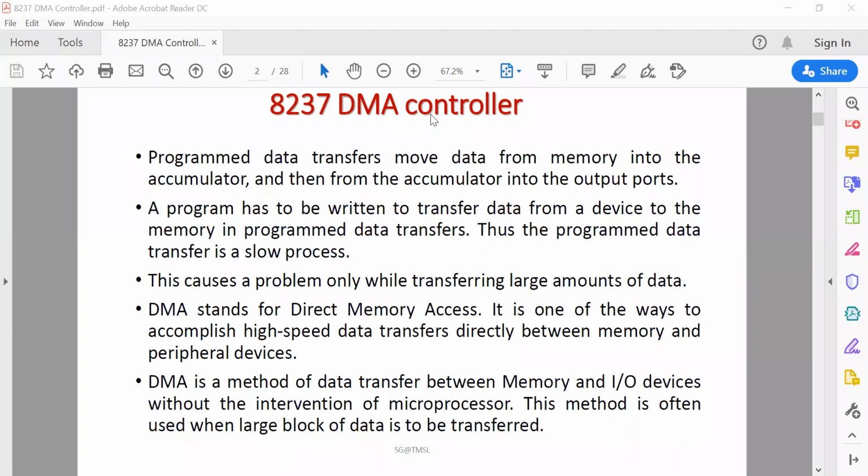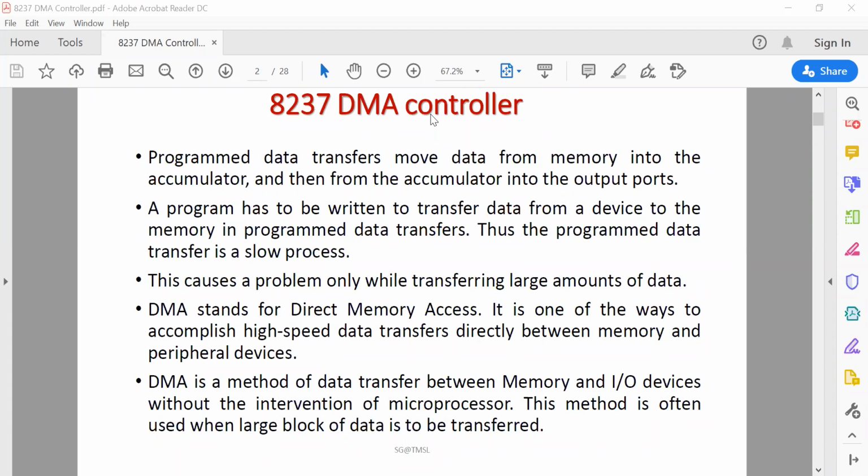In a DMA data transfer, it is controlled using a separate DMA controller. That DMA controller is neither a processor nor a microcontroller. It's a peripheral device which is used to perform a specific function, and that function is to carry out the DMA operation, direct memory access.